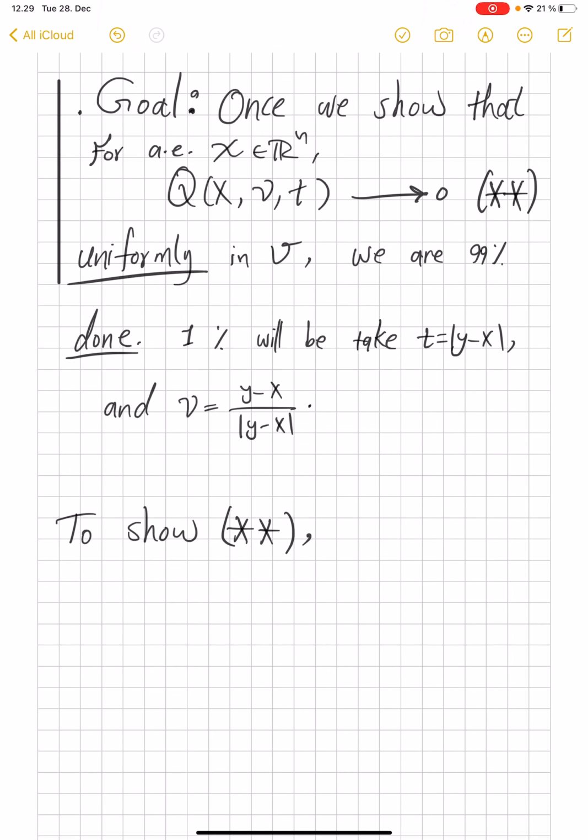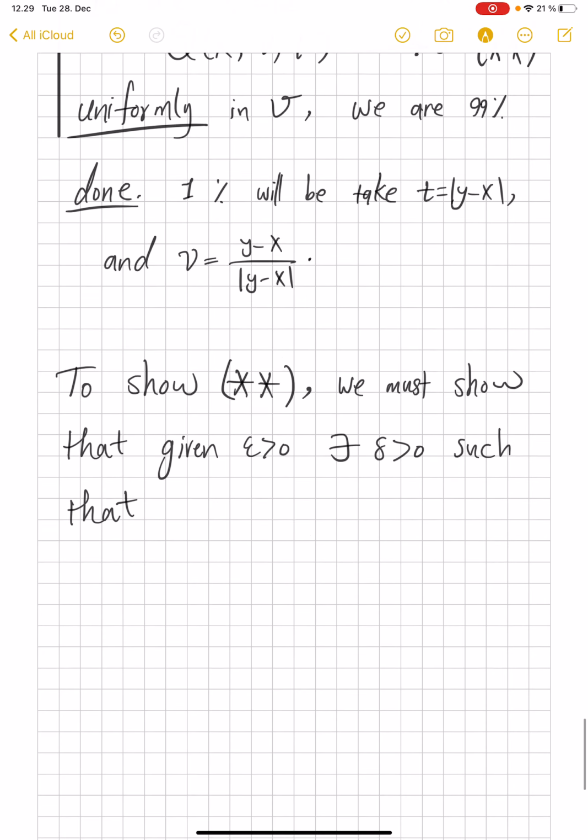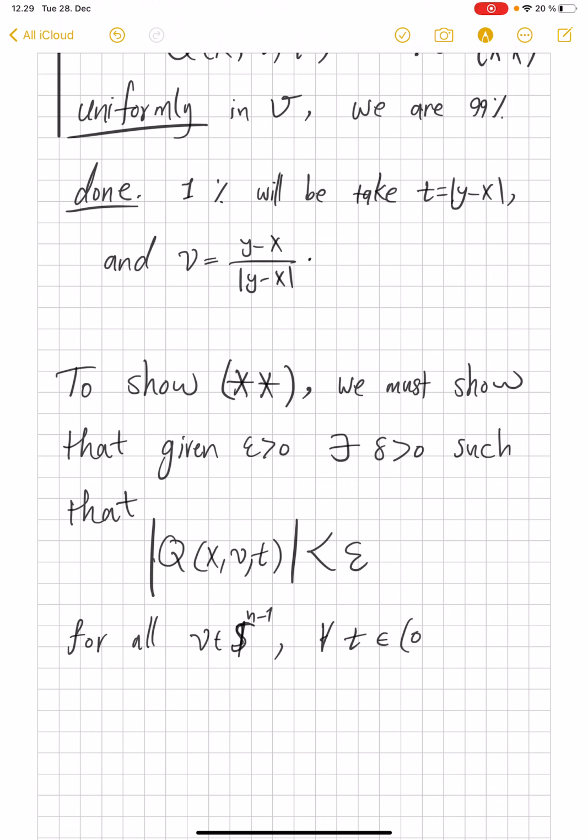To show this, we must show that given epsilon positive, there exists delta positive such that this quotient q_x(v,t) is less than epsilon for all v in S^(n-1), that means the uniform part, and for all t that are less than this delta.